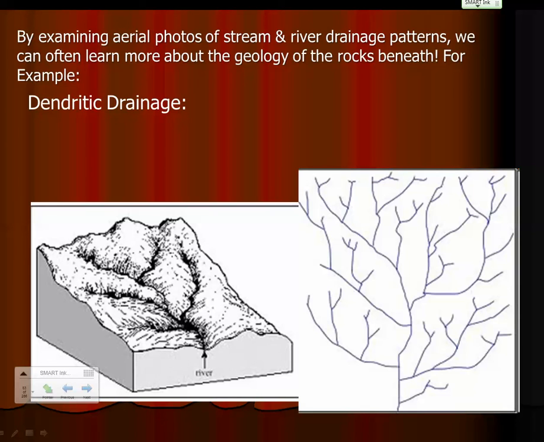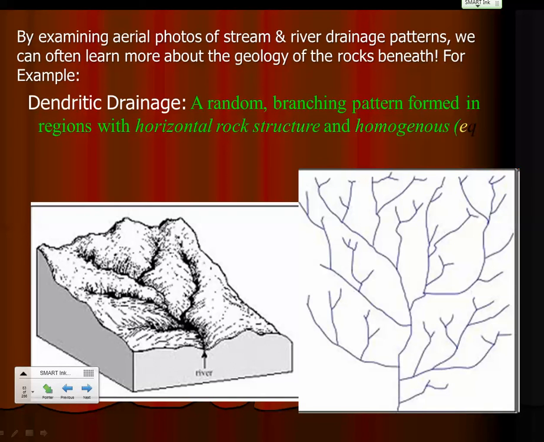So for example, if you see this pattern called dendritic drainage, which looks like random branching patterns, you can pretty much be safe to say that the rocks underneath it are somewhat horizontal, and they're of equal rock resistance, or homogeneous rock strength. And this forms because the water really has no decision to go left or right, it's just random. And that's what branch patterns are like. You can see it like the tree branches, it's a random pattern.